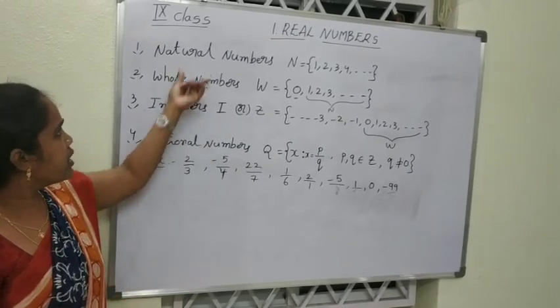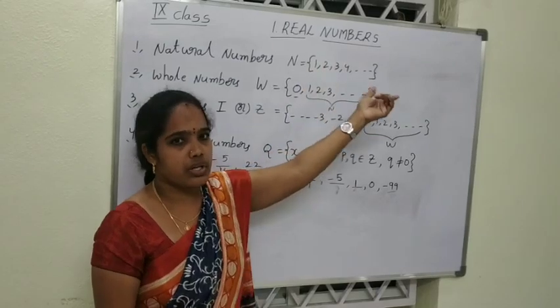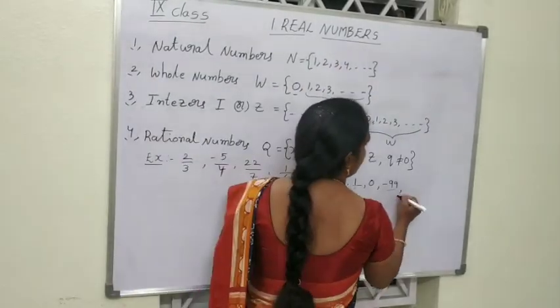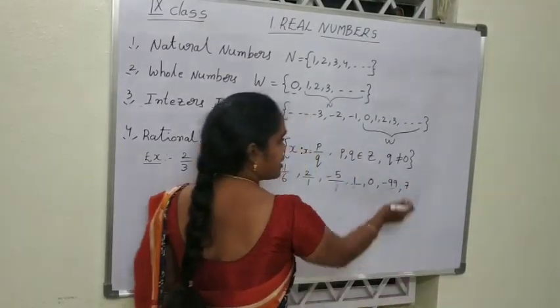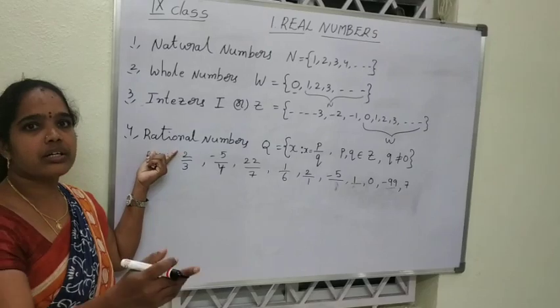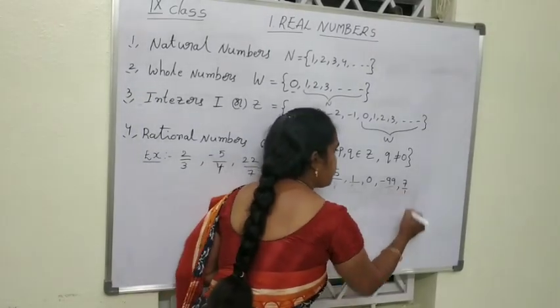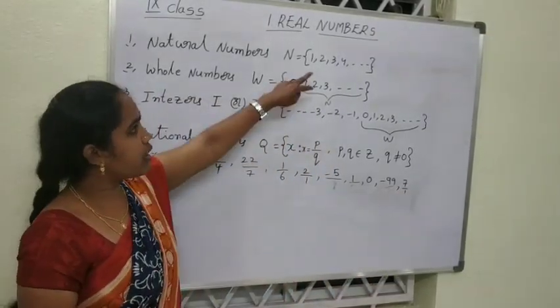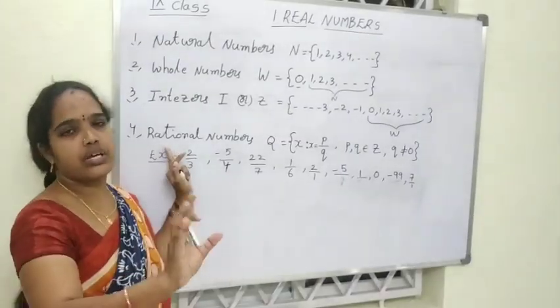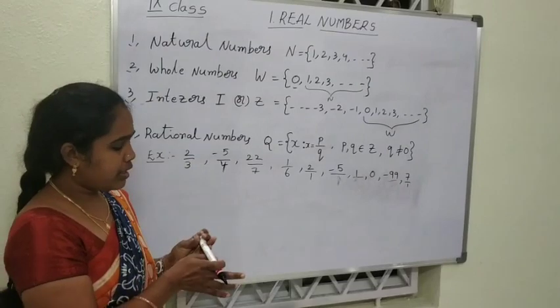Yes. Take any natural number, suppose 7. 7 is a rational number, because 7 by 1. So every natural number is a rational number.